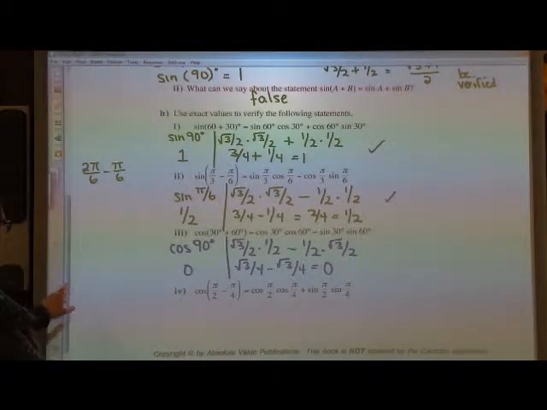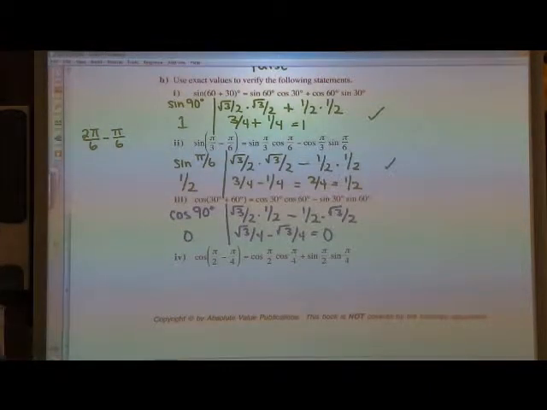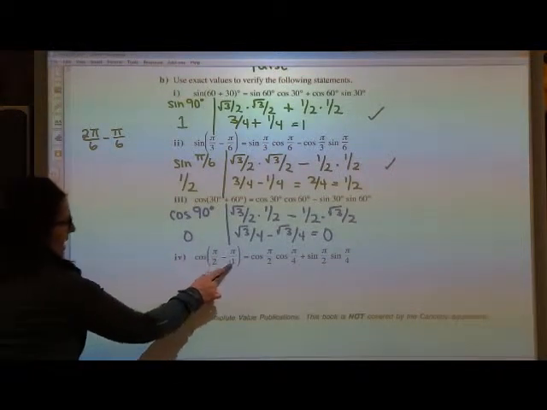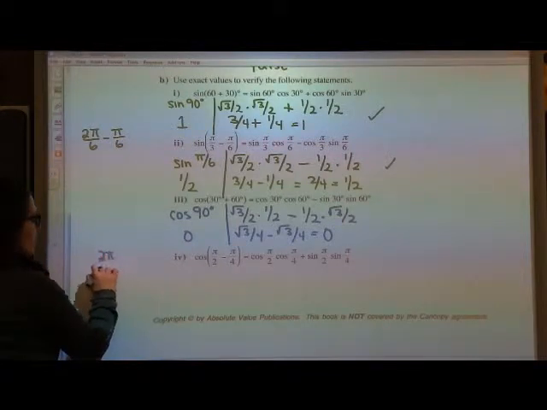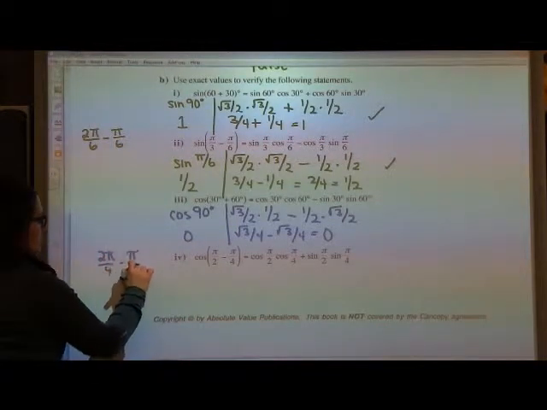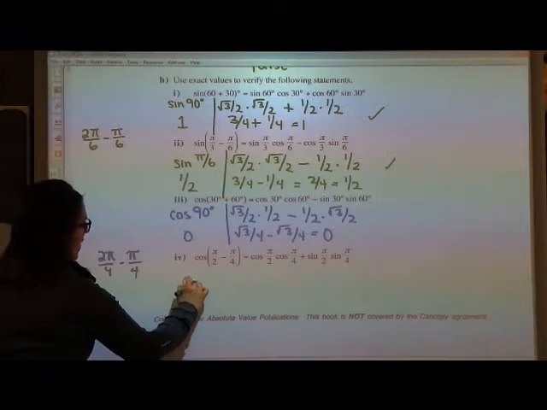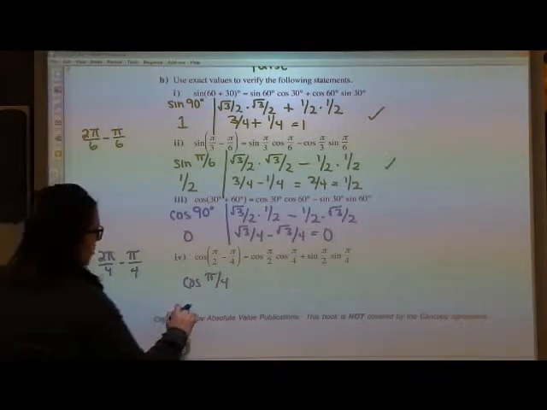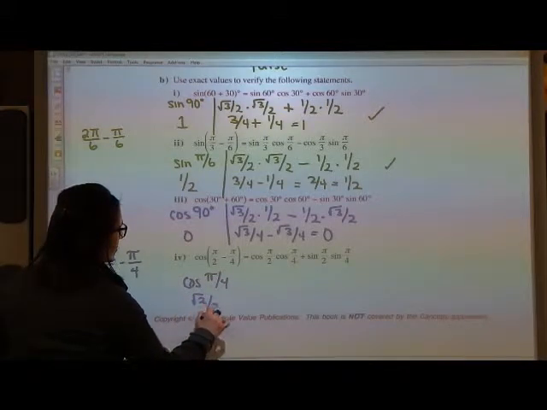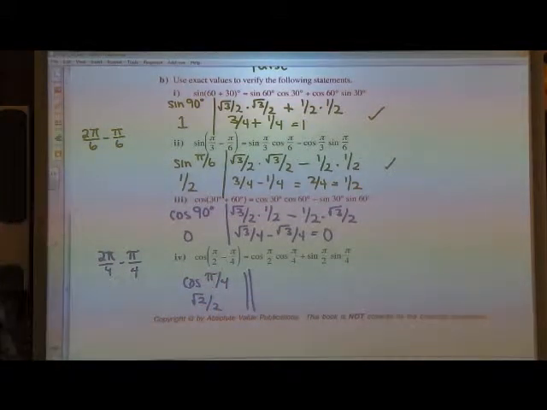And then the last one, I get cos pi over 2 minus pi over 4. Again, if I'm going to subtract these, I need a common denominator of 4. And I get cos pi over 4, which is root 2 over 2. So that's what the left side would be equal to.